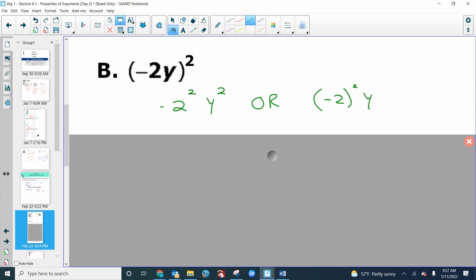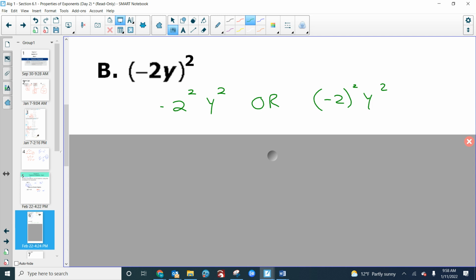Who votes for the first one? Now, if you vote that, what's 2 squared times a negative 1? -4. Do you agree? What's this one? Positive 4y squared.